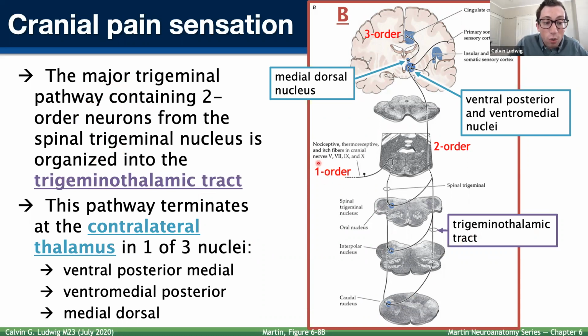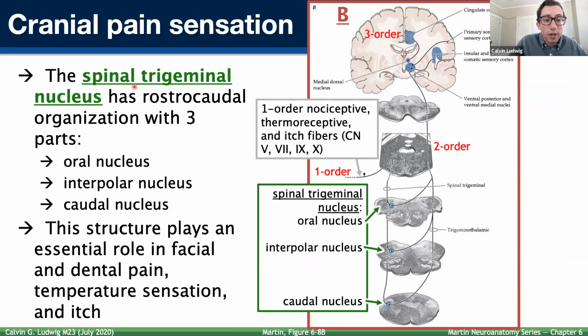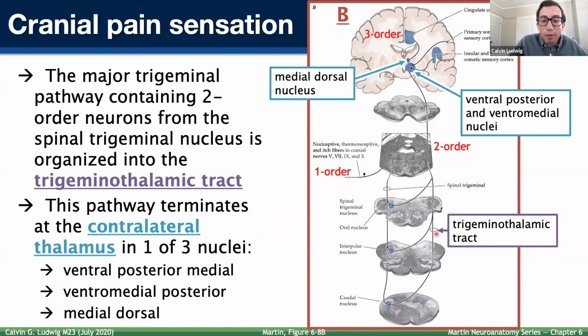So first order neurons, also coming from cranial nerves 5, 7, 9, and 10, travel downwards and synapse in the spinal trigeminal nucleus, in green. Then they rise up through the trigeminothalamic tract.